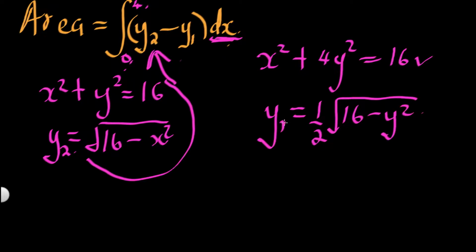This is my y1, such that I'm going to put this one back here for y1, replacing it with a function that is in terms of x. This is what I'm going to do next. That is my following step.